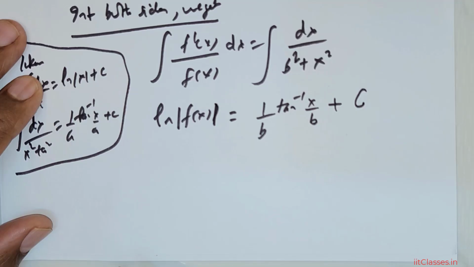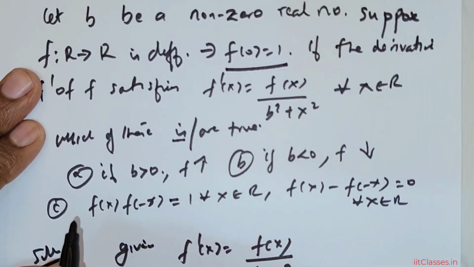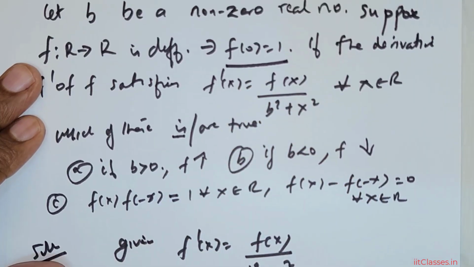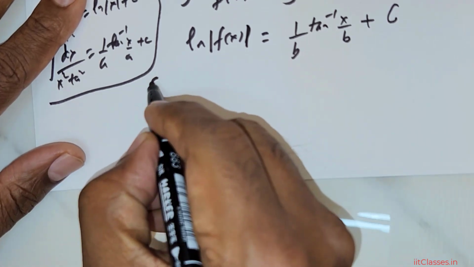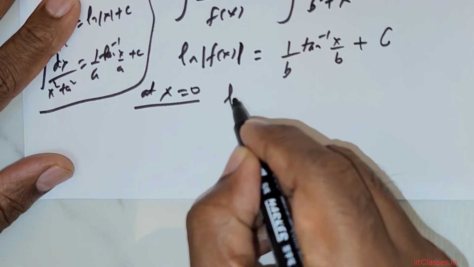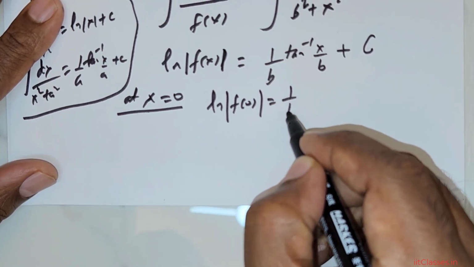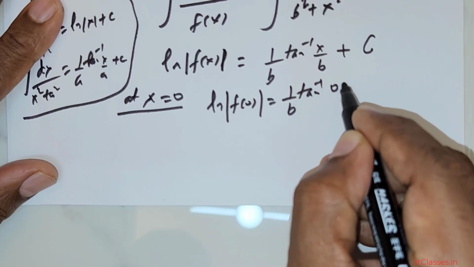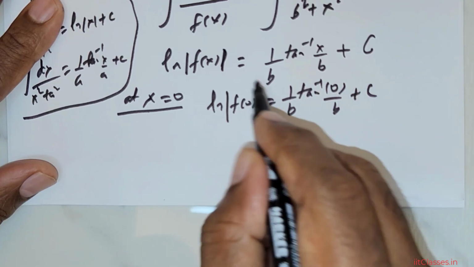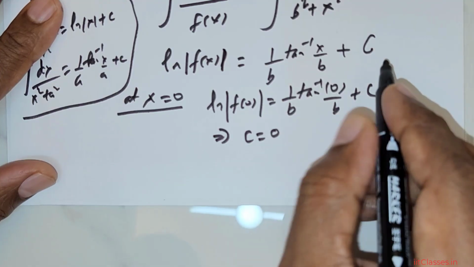Now what is given in the question? It is given that f of 0 is equal to 1. So I'm substituting here x is equal to 0. What do you get? ln modulus f of 0 is equal to 1 over b tan inverse of 0 over b plus c. Now this is 0, and ln of 1 is 0. This in turn would give us c is equal to 0.